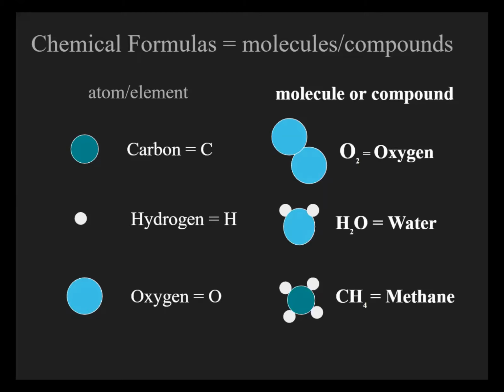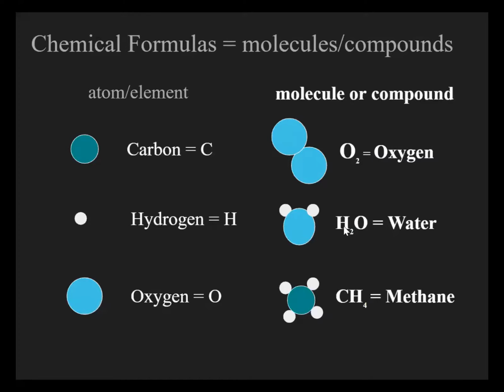So the atoms are attracted to each other, they stick together, and they're stuck together by these bonds, and that is what is holding them together, and they have a formula. So molecules or compounds have formulas. You notice this is O2, it has 2 oxygens stuck together. So these little numbers mean that there's 2 atoms of that element in the molecule and they are stuck together.